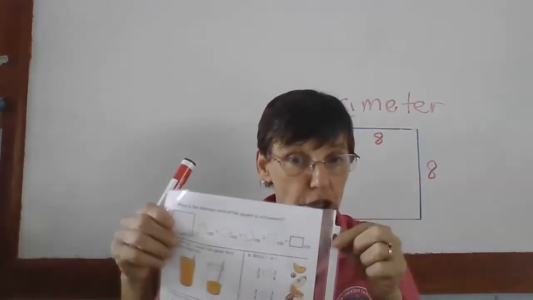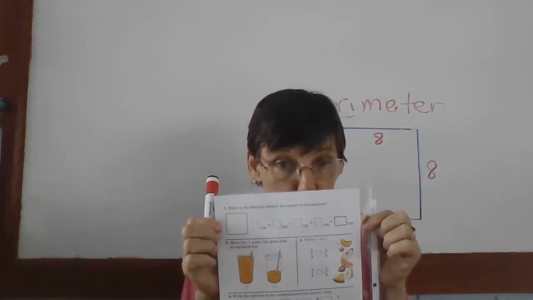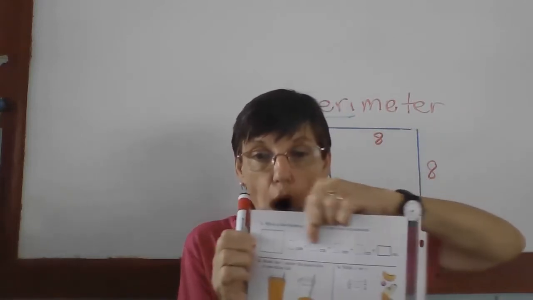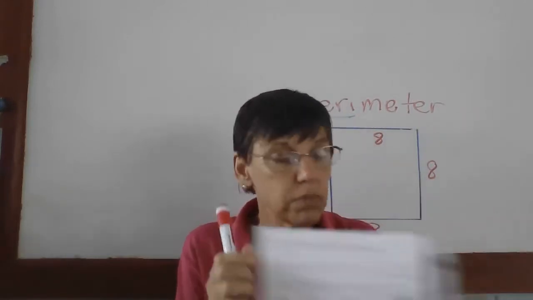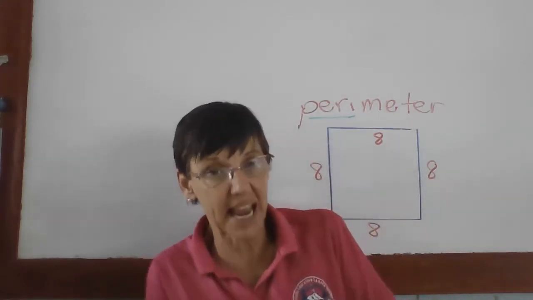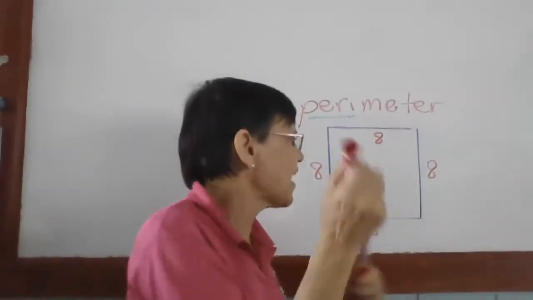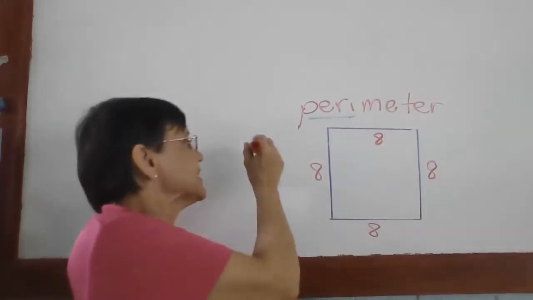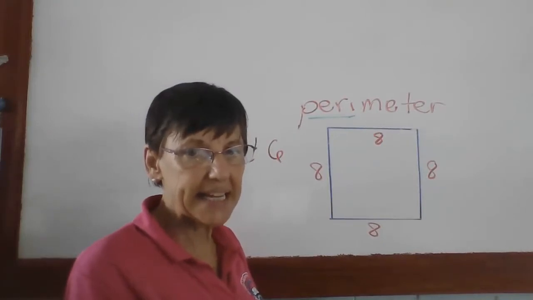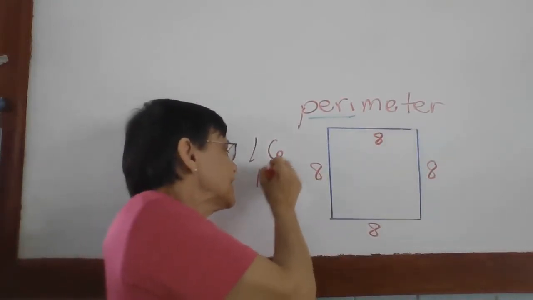So now, on your paper, you're going to measure this square here on your paper. And you're going to put all the sides to find, so if we were to measure this, 8 plus 8 plus 8 plus 8, what do we have to do? We have to add them. 8 and 8 is 16, right? 8 and 8 is 16.